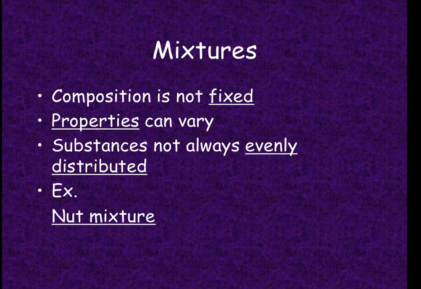If I take a sample of that nut mixture from the top versus the bottom, I'm going to have a very different composition. The other example I have for you is pizza. If I take one slice of pizza from the same pizza pie, it could potentially be very, very different in terms of the type and amount of toppings that it has versus a slice on another side of the pizza.